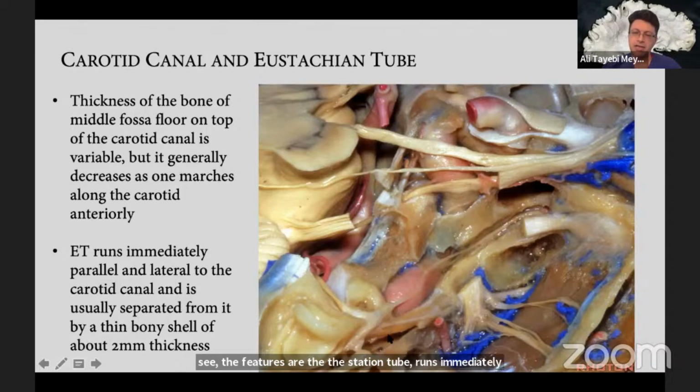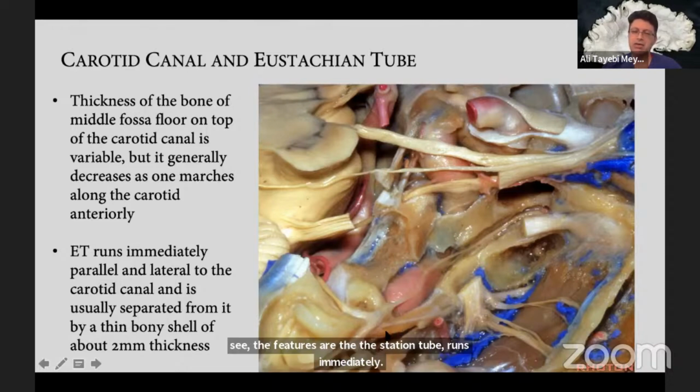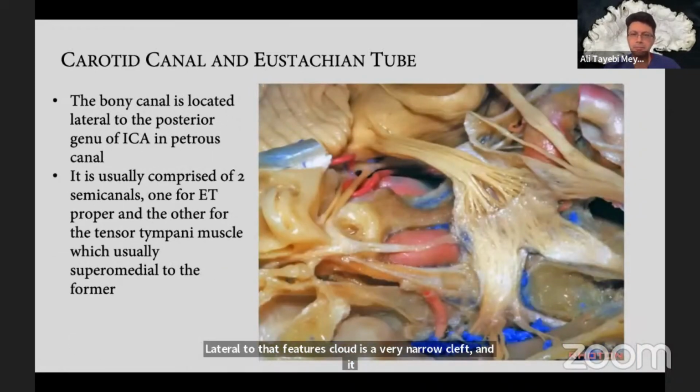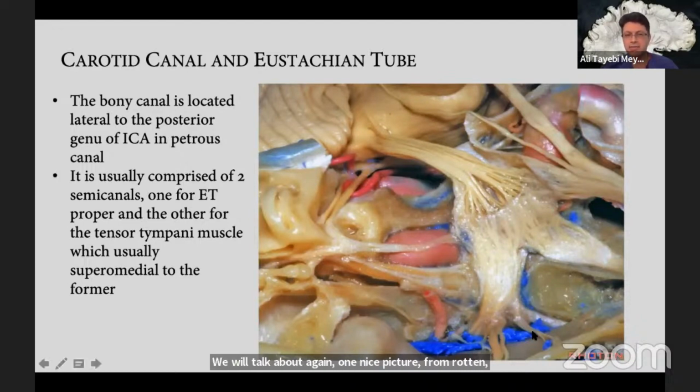The petrous carotid canal is a very narrow cleft, and it harbors the tensor tympani, which we'll talk about. Again, one nice picture from Rhoton from another aspect. And you can see that this petrous canal is basically where it harbors the carotid artery before it ascends into the cavernous sinus portion.